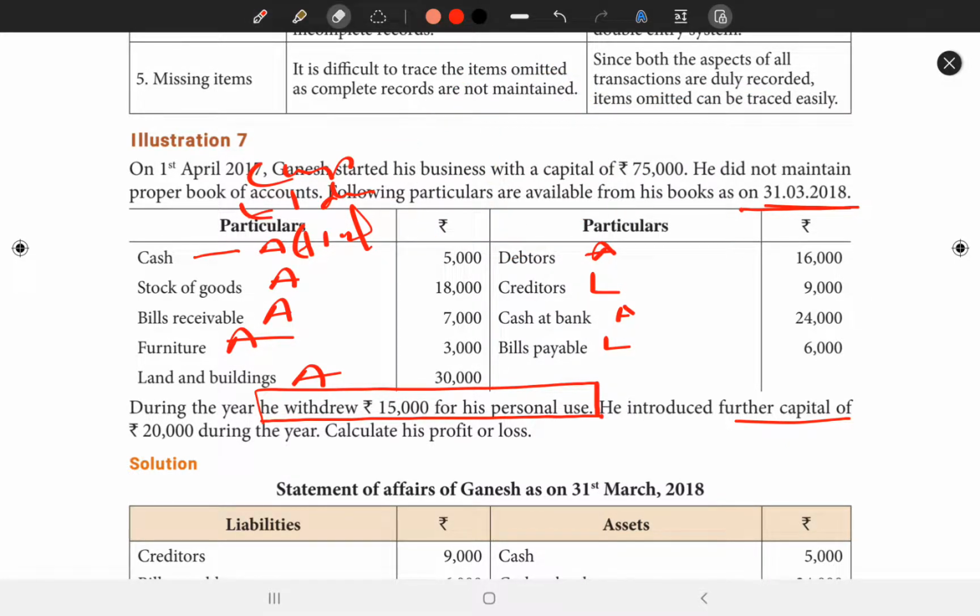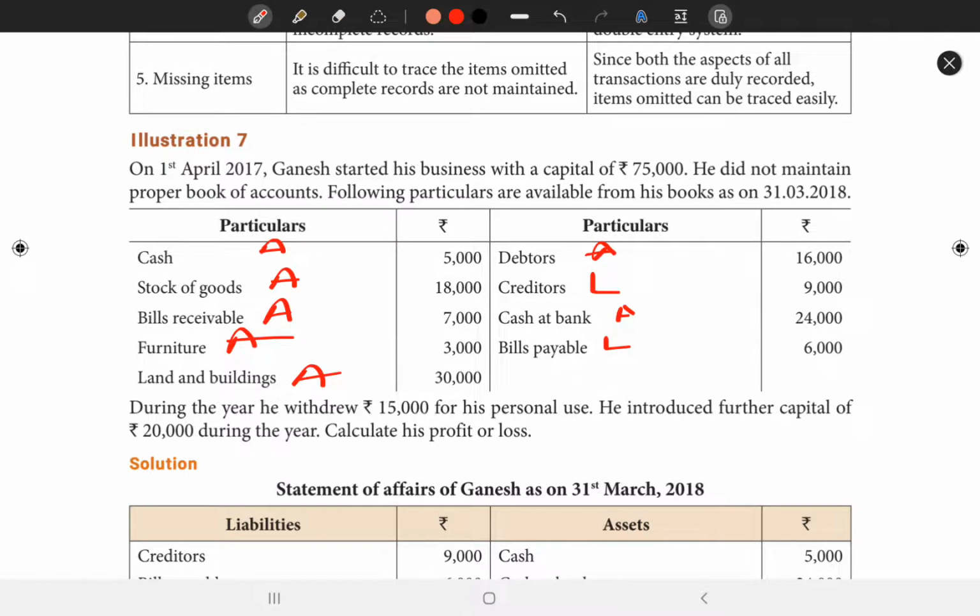Because we are going to use it in the statement which helps to find out profit and loss. Remember, we'll add back the drawings to closing capital and less additional capital. So for now these additional capital and drawings will not be used in the statement of affairs to find out closing capital. Remember that only. Okay, and so let's start solving the question.